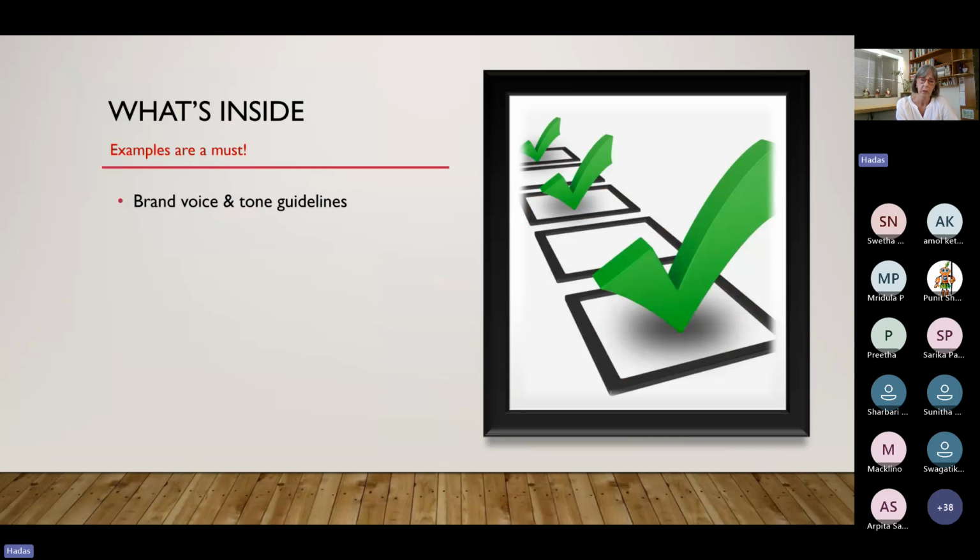So what needs to be inside? So you've got your brand, voice, and tone guidelines. You've got grammar, punctuation, and formatting rules. These are the Bible of UX writing. You've got your accessibility and localization recommendations.